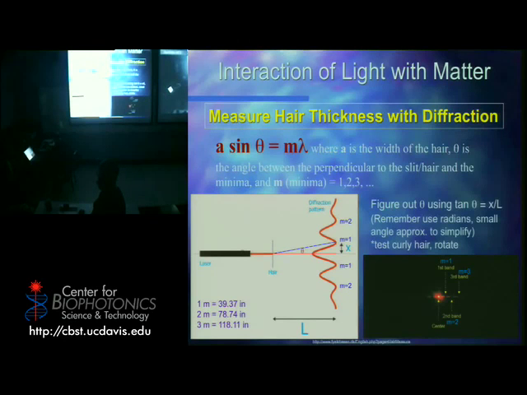We should figure out the distance between each minimum.